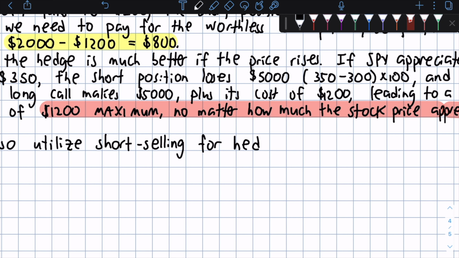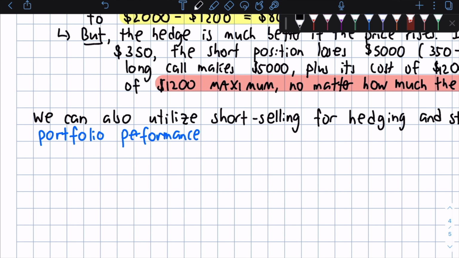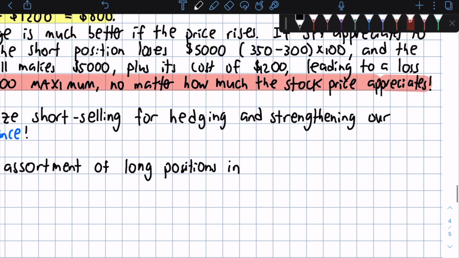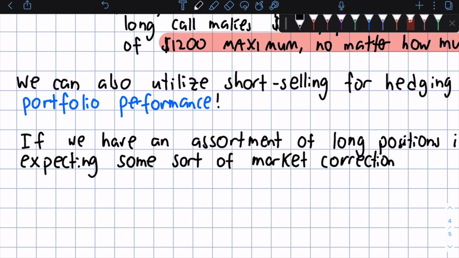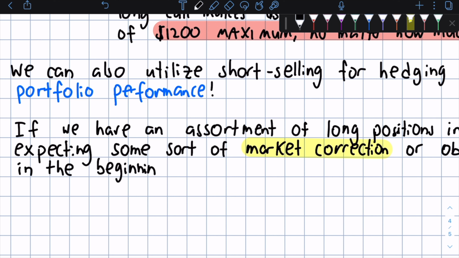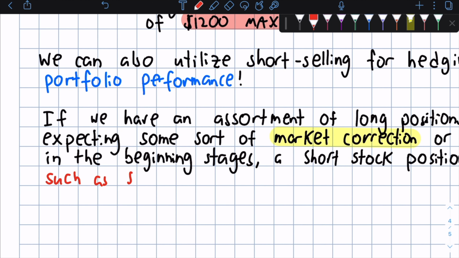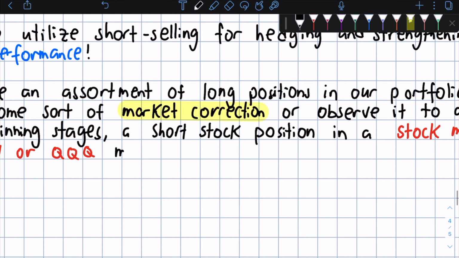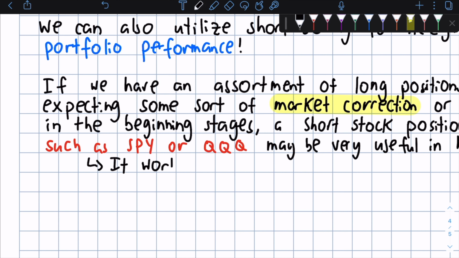Now, we can also utilize short selling for actually hedging and strengthening our portfolio performance. And this is actually using that short position as the hedge itself. So if we have an assortment of various long positions in our portfolio, as is typical with any portfolio, and are expecting some sort of market correction in the near future, or observe it to already be in the beginning stages of doing so, a short stock position in a stock market index such as SPY or the QQQ, which is the S&P 500 index fund or the NASDAQ index fund, may be very useful to hedge this kind of risk.